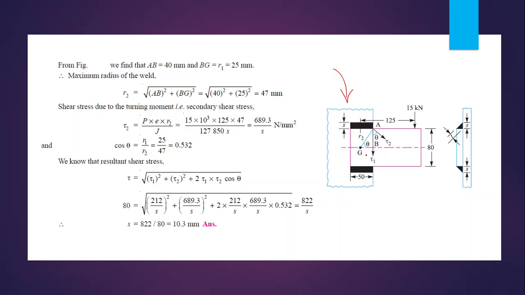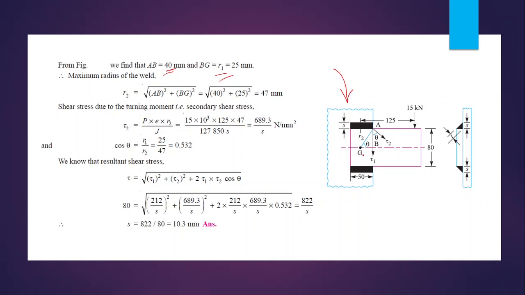That means this particular height, the y coordinate, when we treat this point as 0, the y coordinate of this particular G is equal to 80 by 2, that is equal to 40 mm, so AB is equal to 40 mm, and BG is equal to R1, and that R1 is equal to 25 mm. Here we can see this particular fillet weld is symmetric about both x and y axes.